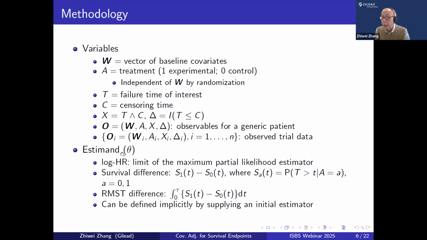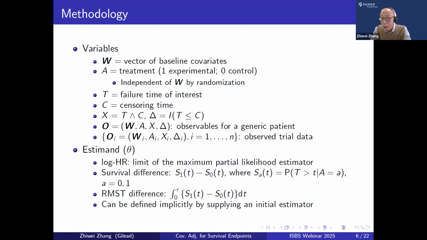Our estimand theta can be almost any effect measure, such as the log hazard ratio, the survival difference, or the RMST difference. These are just some examples. The log hazard ratio is usually defined under a specified proportional hazards model, right? But the model is most likely misspecified because all models are wrong.